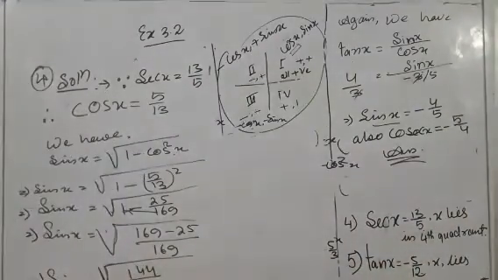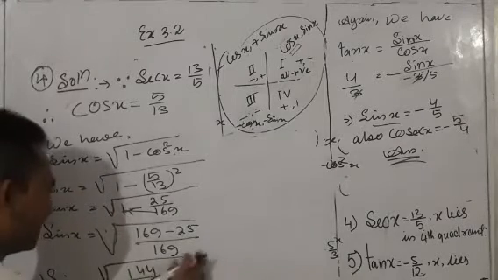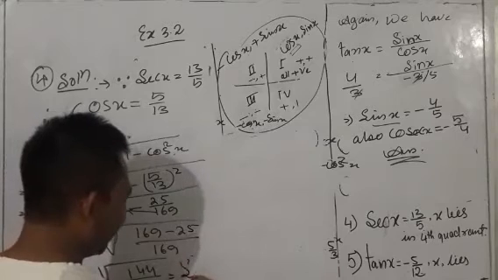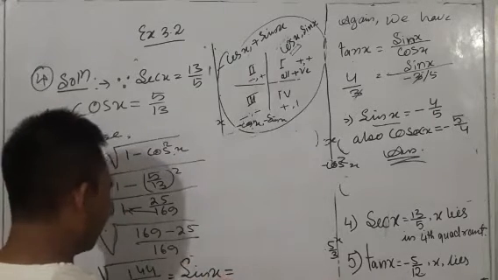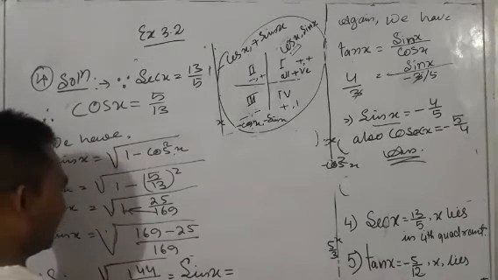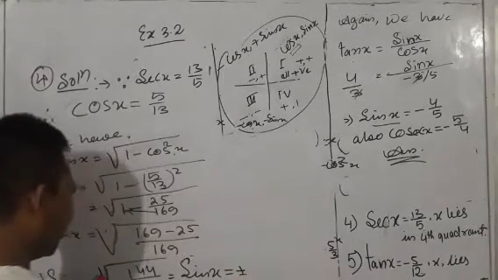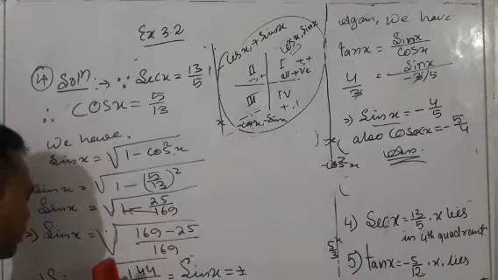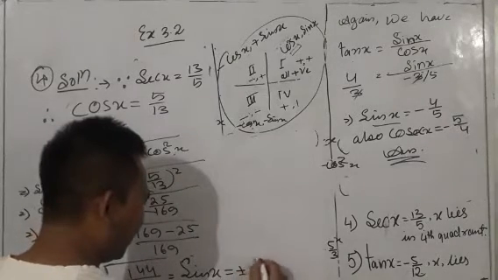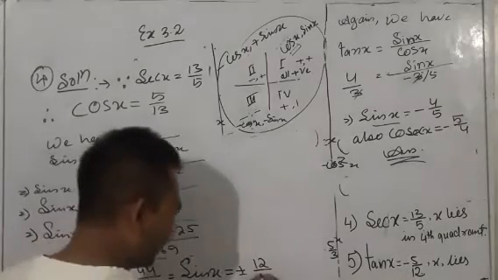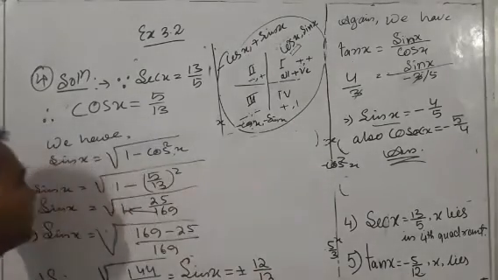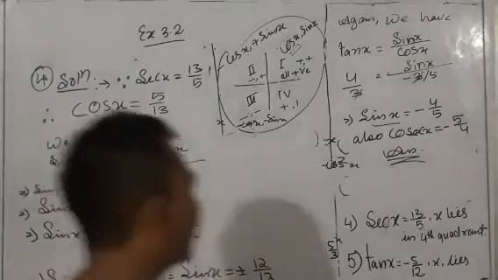So sin x equals to plus minus, square root of 144 is what? 12. Square root of 169 is what? 13. Okay, fine. Next.